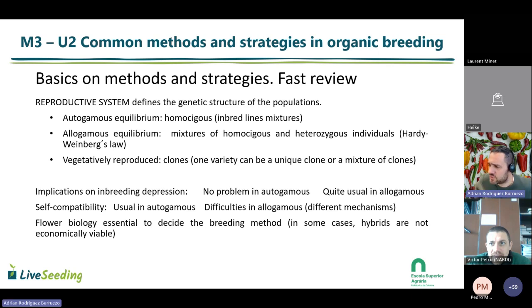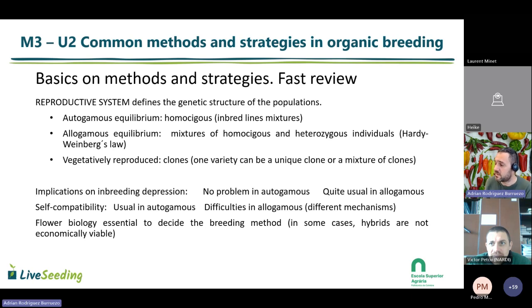Well, also related to the reproductive systems, it is also important to consider, in those species reproduced sexually, the first two, autogamous and allogamous species, the inbreeding depression.